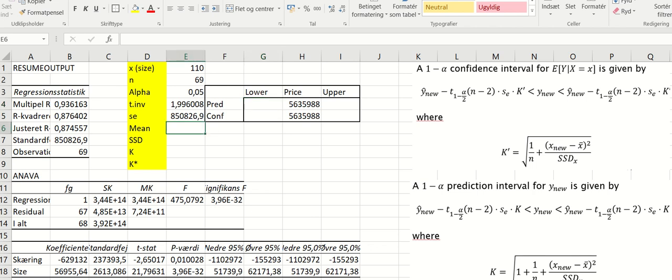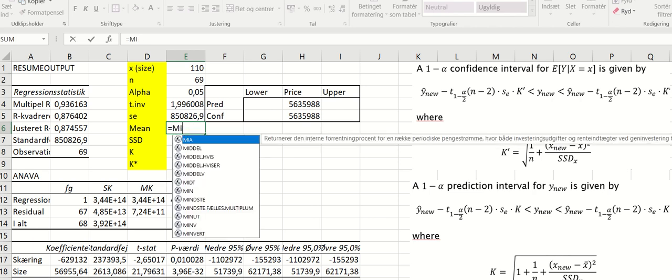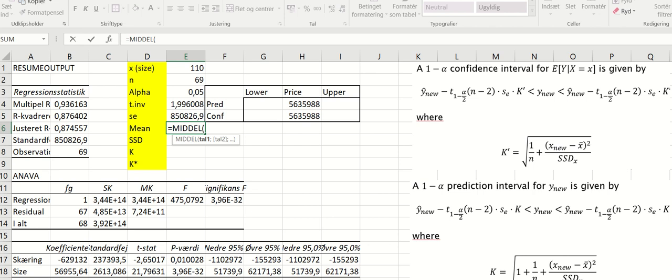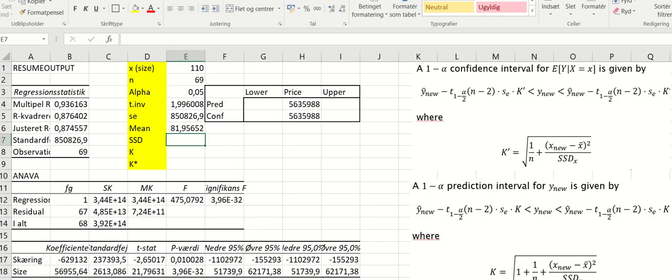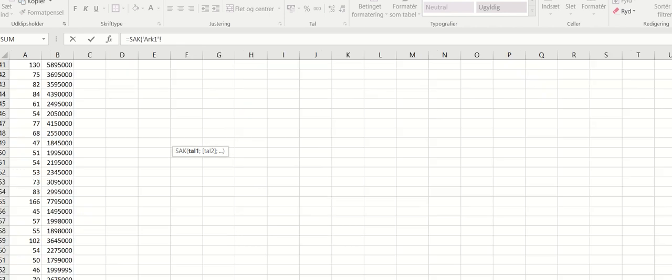First of all, we'll need the mean. So we simply write mean, or in Danish middel. We want that from our data. So we go to the other sheet where we have our data. We have the size, and we simply mark the size and press enter. And here we have the mean of this. And we will need the SSD, in Danish SAK. Again, go to the other sheet. We want it for our x values, so simply mark the x values and enter.